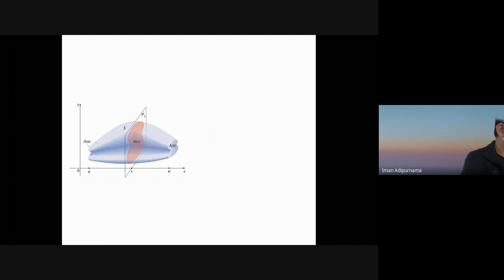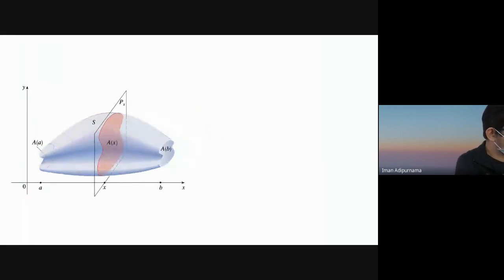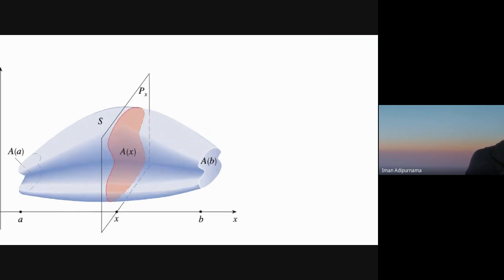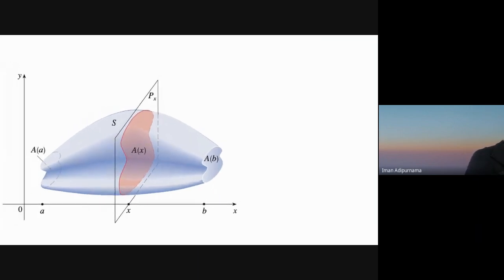Okay, so if we have a solid volume, and if you look at the xy axis like this, we start with the intersections of the solid volume here, which is A(x), this intersection here. We start from here.